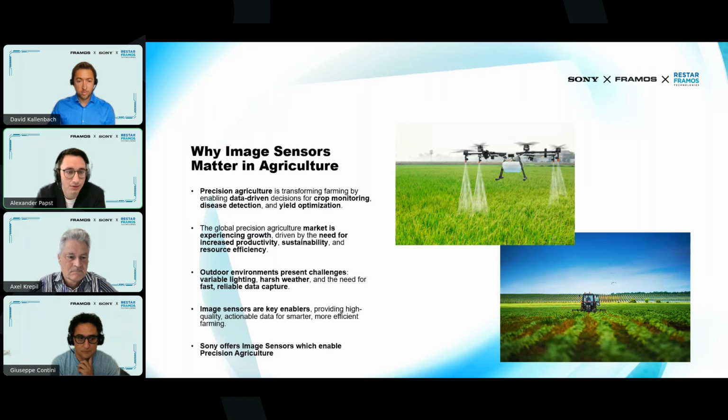And lastly, you of course need reliable data capture. This is where image sensors become absolutely critical. They're key enablers that provide high quality, actionable visual data for smarter, more efficient farming. And Sony offers image sensors which enable precision agriculture, and I would like to show you how.